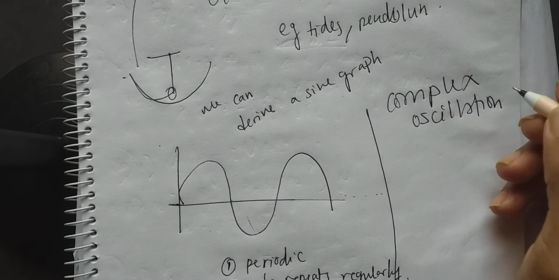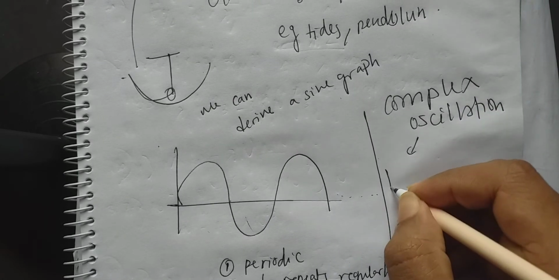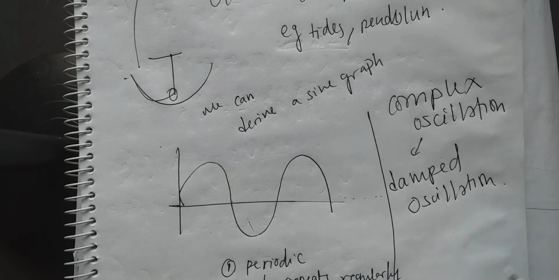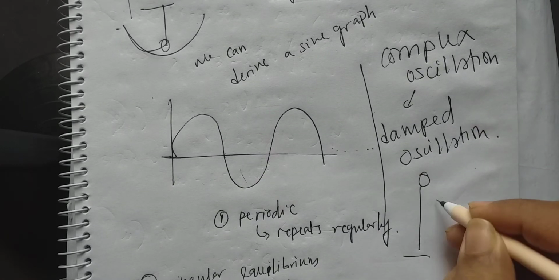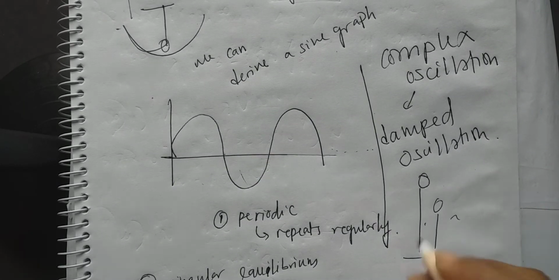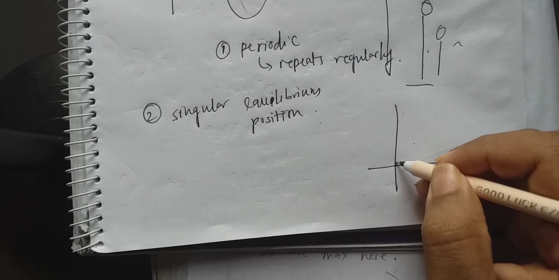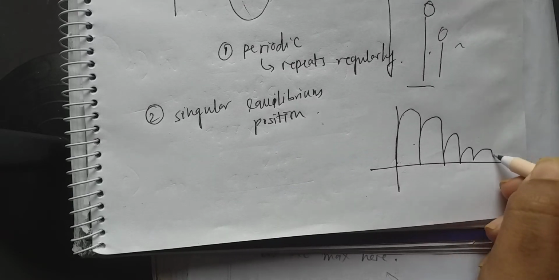We usually name them. For instance, a complex oscillation could be damped oscillation, where, for instance, if you release a ball, it won't be coming to the same height. So, if you draw a curve, what you get is something like this.